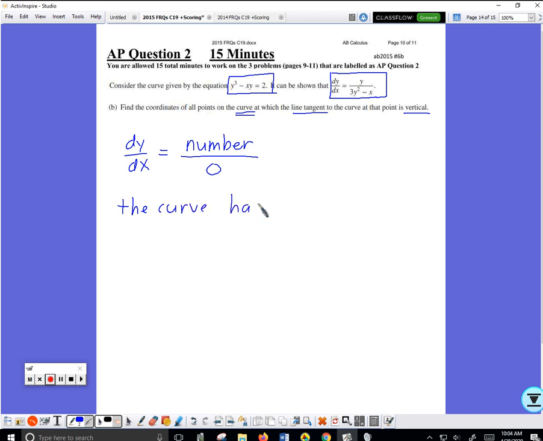So that means the curve has a vertical slope when the denominator, 3y squared minus x, is equal to 0.